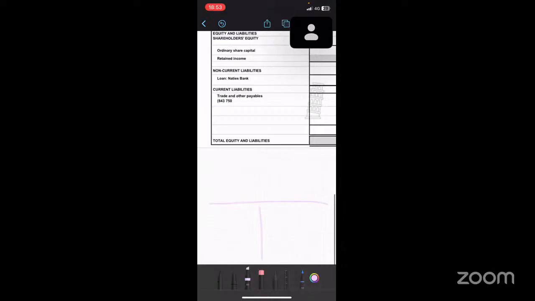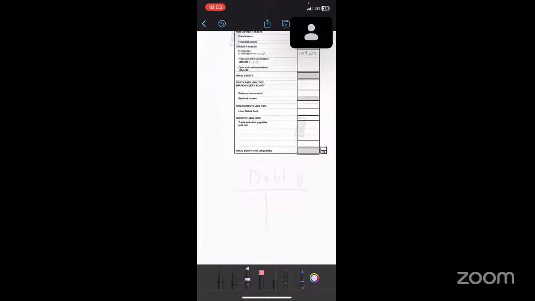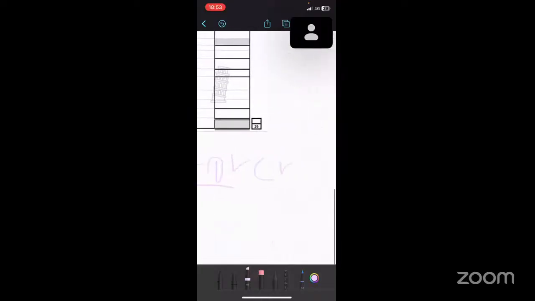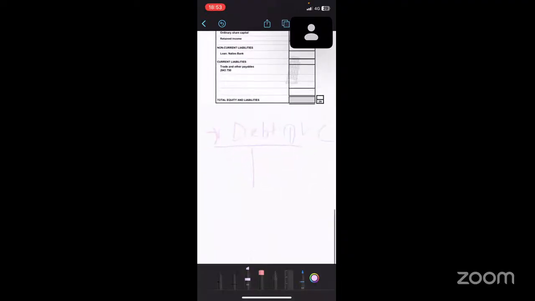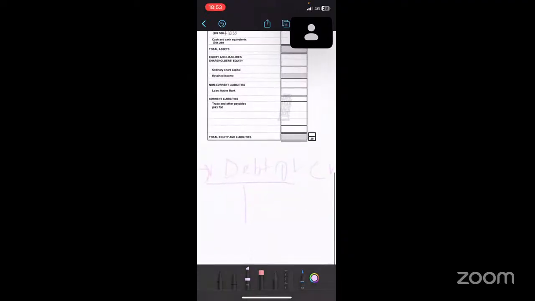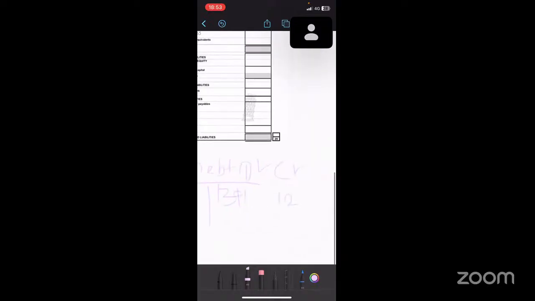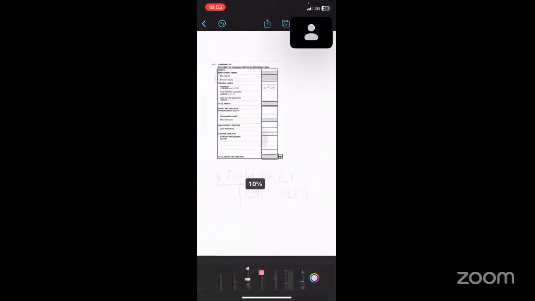This is the account of a debtor, and this is debit and this is credit. And they said this debtor has a credit balance of 12,350.